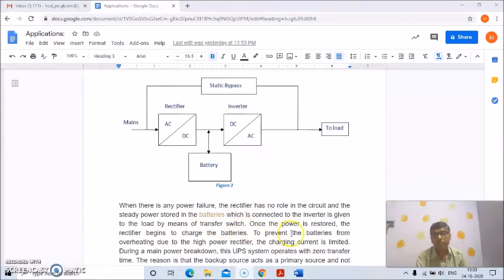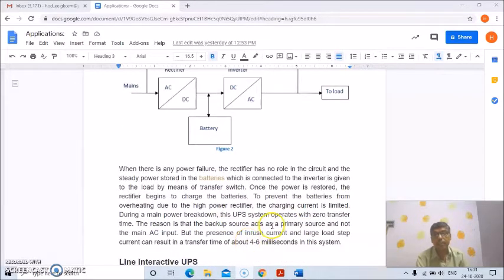Once the power is restored, the rectifier begins to charge the batteries, and to prevent the batteries from overheating due to the high power rectifier, the charging current is limited. During a main power breakdown, this UPS system operates with zero transfer time.